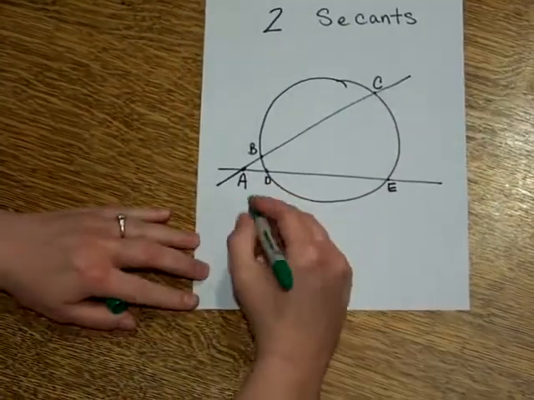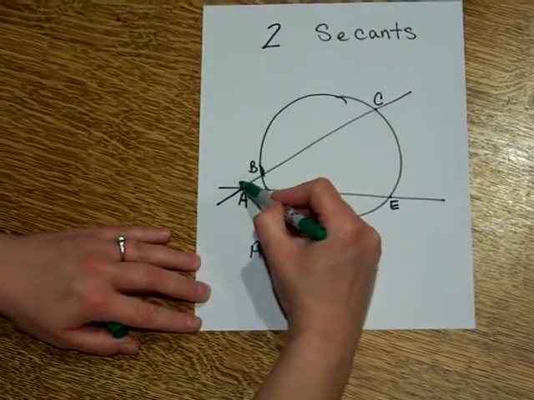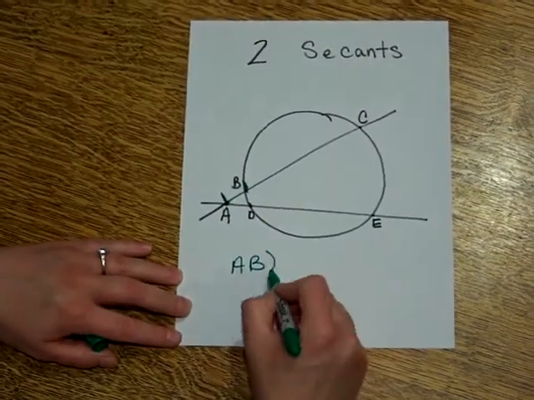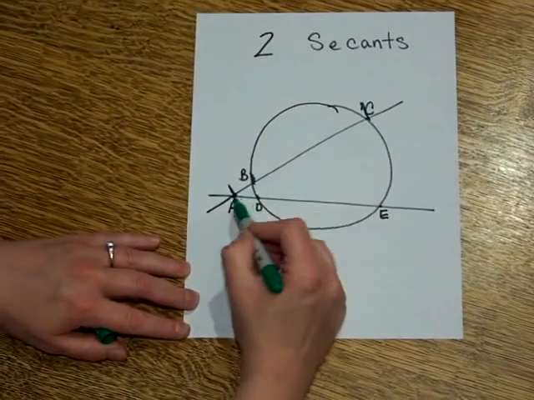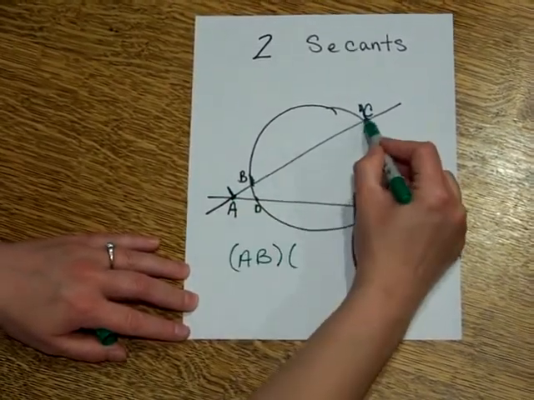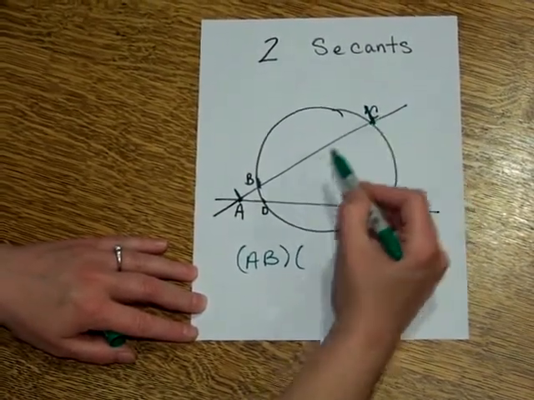It is going to be AB, which is this external segment here, times AC. Notice that is from the external point all the way to the second intersecting point here.